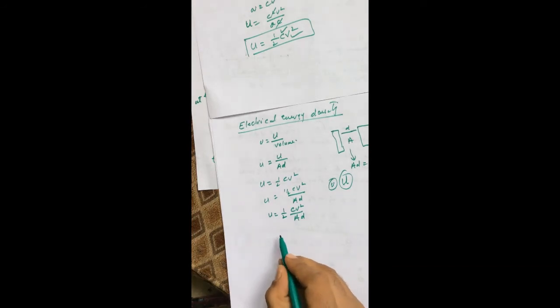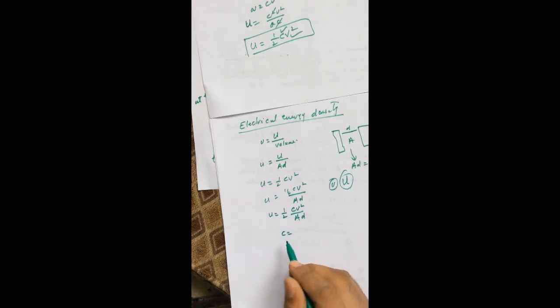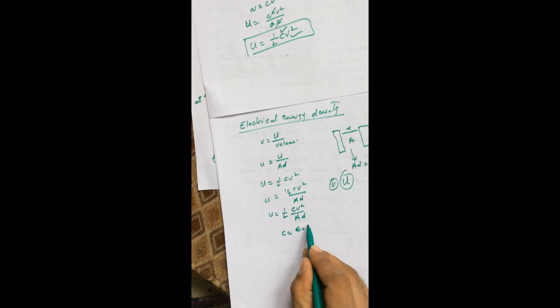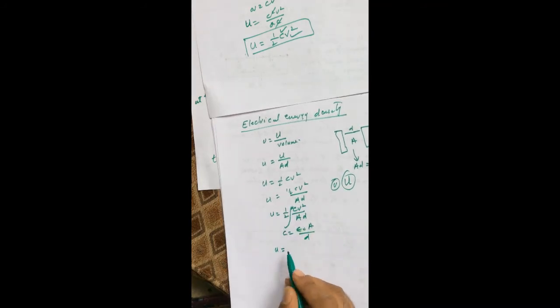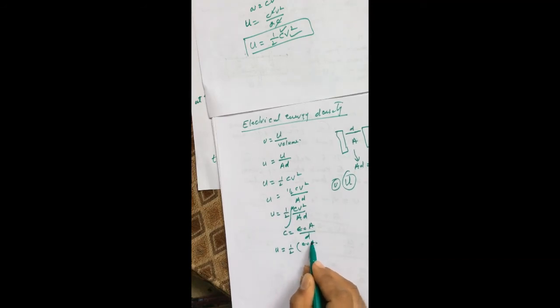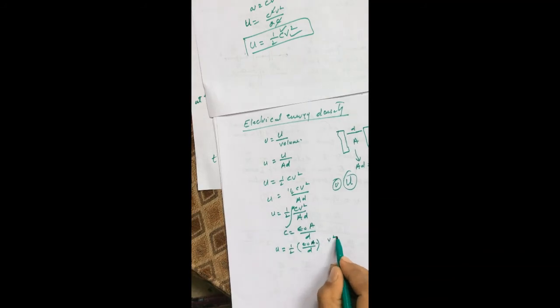Now for a parallel plate capacitor, the capacitance is given by C is equal to epsilon naught A over D. So using this value here, we get energy density, which is equal to 1 over 2 epsilon naught A over D into V square over AD.